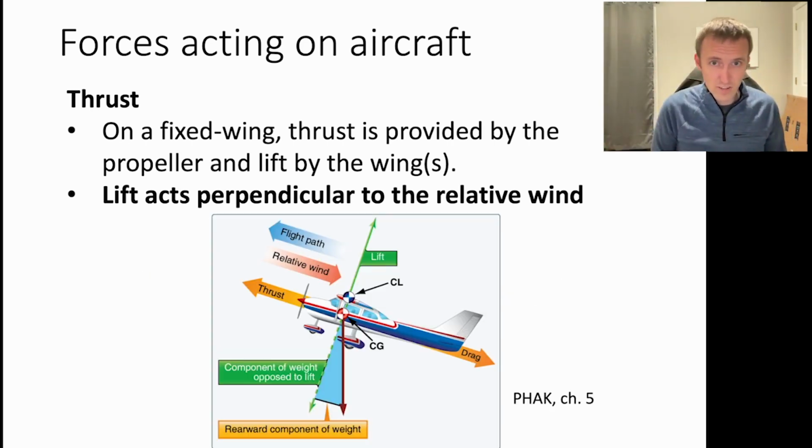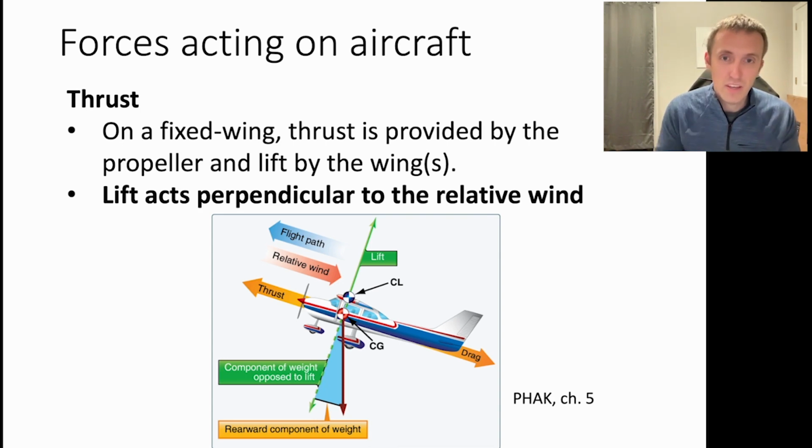Here's another diagram which just shows this same idea. You have the flight path and the relative wind there, so the plane is going again up and to the left. You have thrust pulling the plane straight ahead of where it's pointing, and then you have drag acting on the plane resisting that thrust.